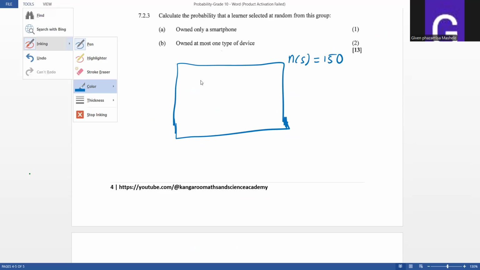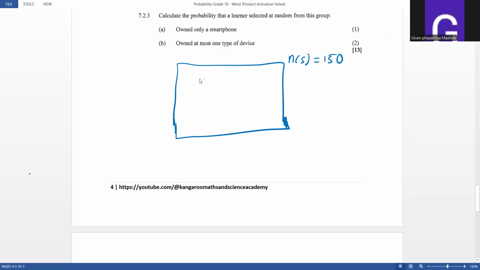Okay, let's say we have event A. No, it's not A here. It will be a smartphone.